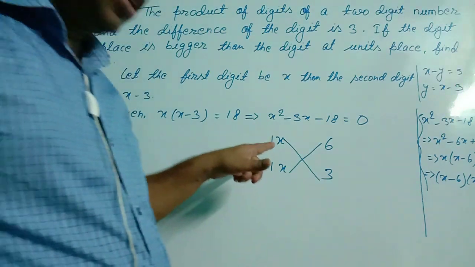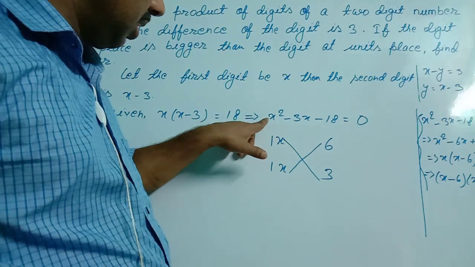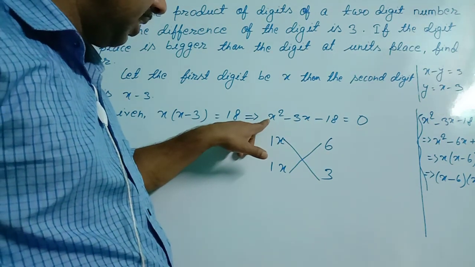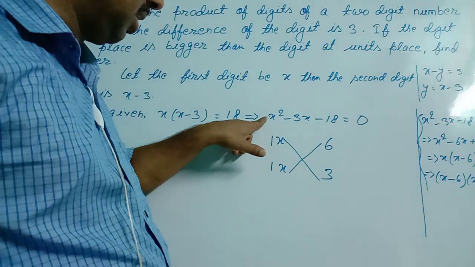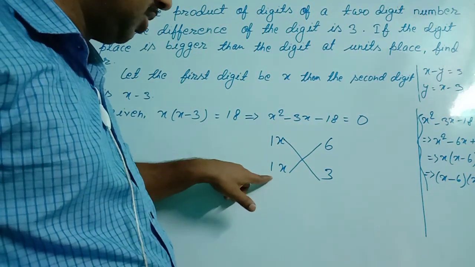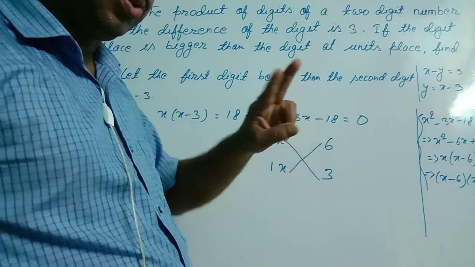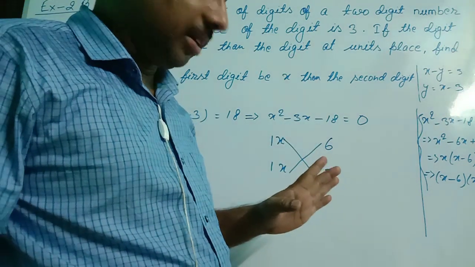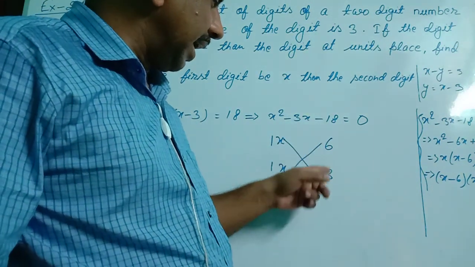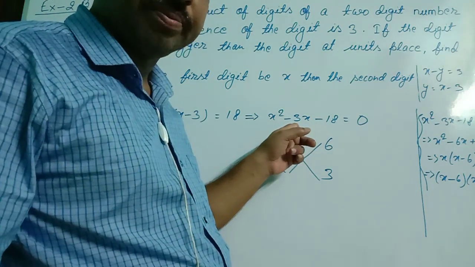I say the steps again. First of all, I wrote the coefficient of x square twice. Coefficient is 1. I wrote this 1 with x twice. Then I split this 18 into two numbers. Their product should be 18, and their addition or subtraction should be equal to 3x.